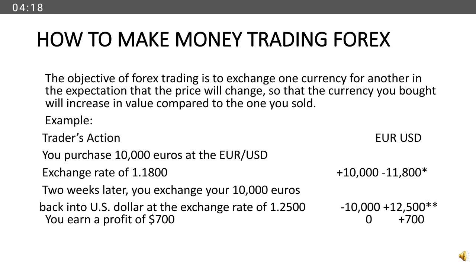So you have made $700 profit. But assuming when you purchased at the exchange rate of 1.1800, the price went down to maybe 1.1700, that means you have made a loss of $100. So that is how to make money in forex.